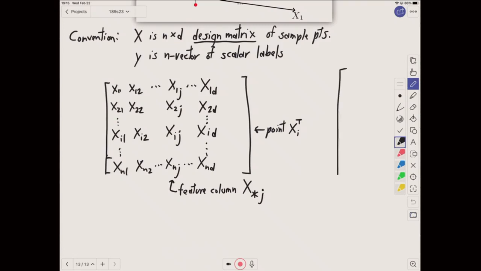And of course, we also have a vector of labels, n of them, one for each sample point, and we call that vector y. And usually the number of sample points is greater than the dimension of each sample point. So that matrix is taller than it is wide. But not always.